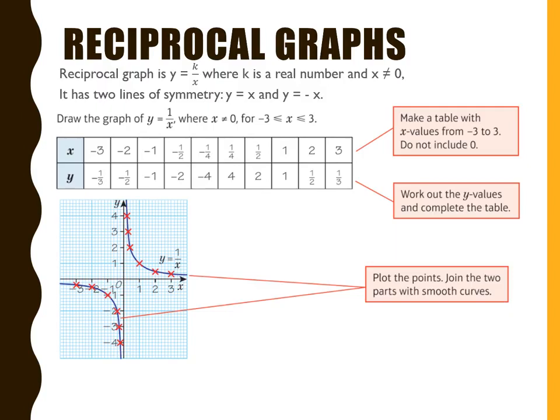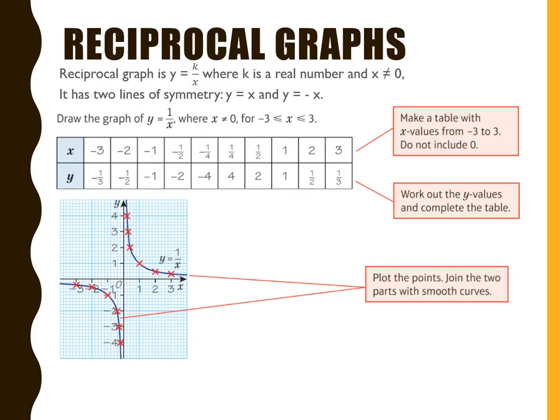From 0, we don't have 0, of course, because x cannot be 0. So the graph would always go towards the y-axis and the x-axis, but it will never touch it. In this case, we would have to have positive fractions on this side and negative fractions on this side, between 0 and 1, in order to get these points.